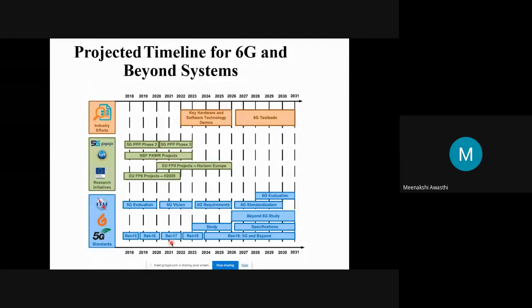Okay, so officially the International Telecom Union, ITU, will have the specification of the sixth generation.